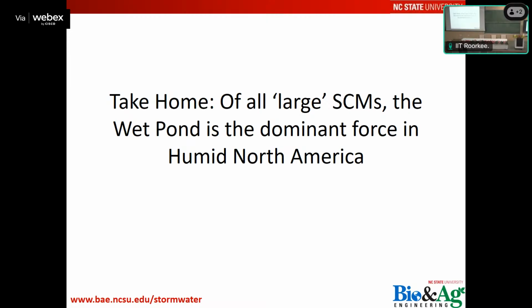The state to the south of us, they claim they have 40,000, and that's even smaller than North Carolina. Guess what it's called? The state to the south of North Carolina is called South Carolina. That's correct. The South Carolinians claim they have 40,000 wet ponds.